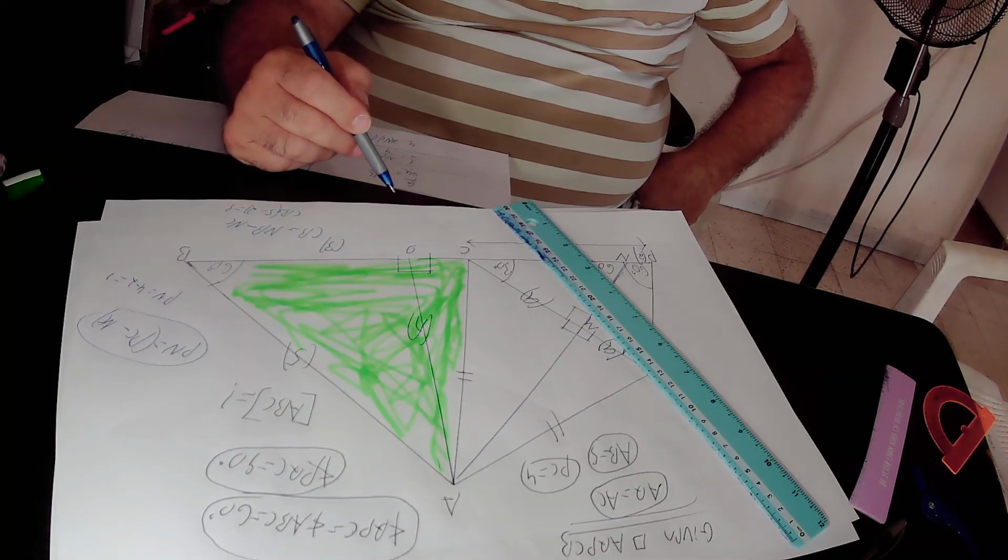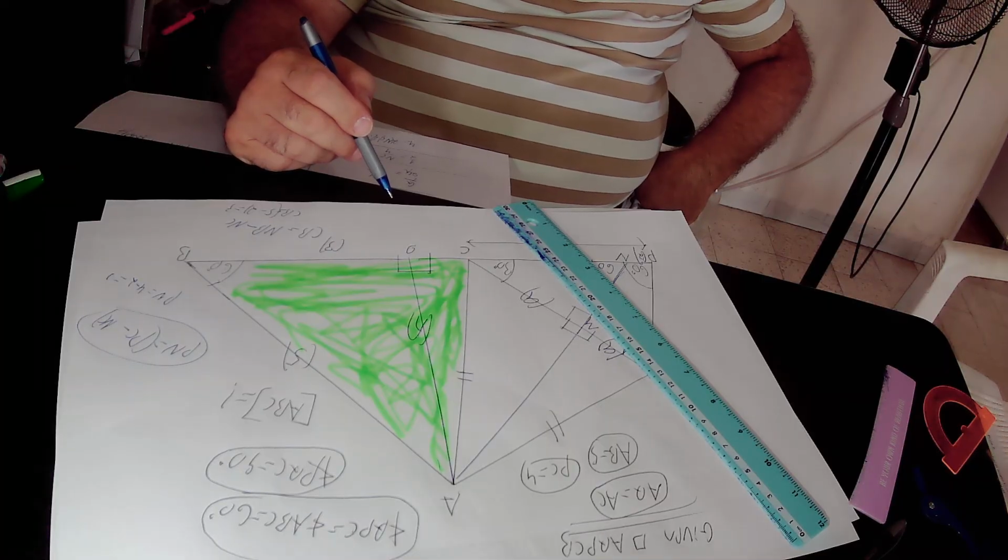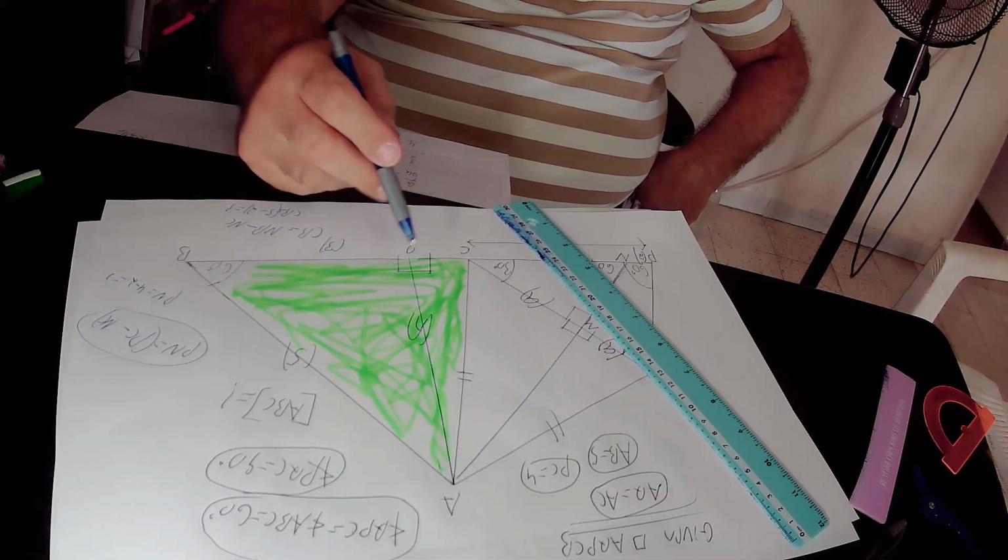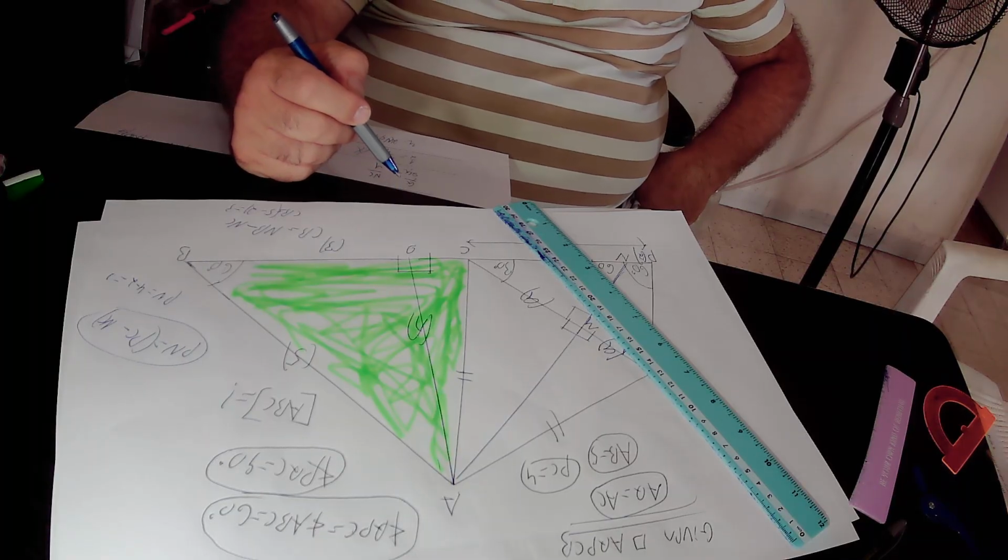So we know that the area of any triangle equals the base of the triangle times the height to the base over 2.